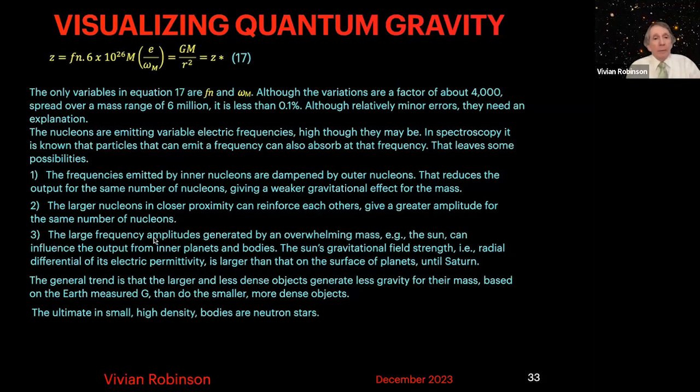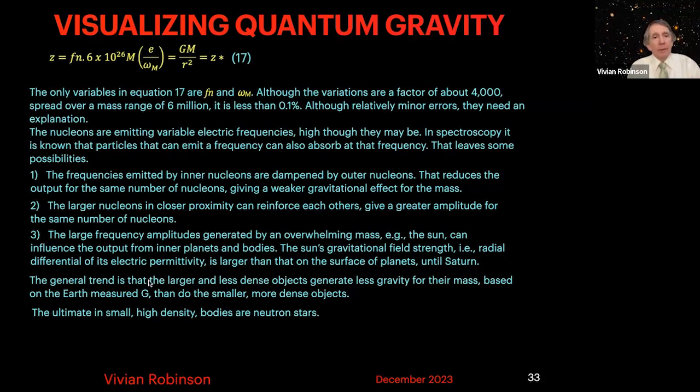Or the larger frequency amplitude generated by an overwhelming mass, for example the Sun, can influence the output of inner planets and bodies. The Sun's gravitational field strength, i.e. the radial differential of its electric permittivity, is larger than that on the surface of planets until you get out to Saturn's level.